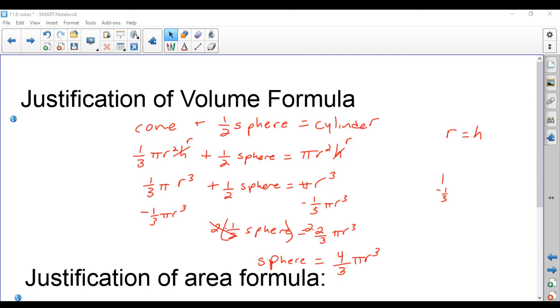So I'm going to multiply that 3 over and divide by r, and what we get is the surface area of the sphere is equal to 4 pi r squared. This one's a little more complicated, and it uses some ideas of calculus where you break something into smaller and smaller pieces and see what happens as there are more and more of those small pieces. I'll put this link up with the notes today in case you want to take a further look at it.